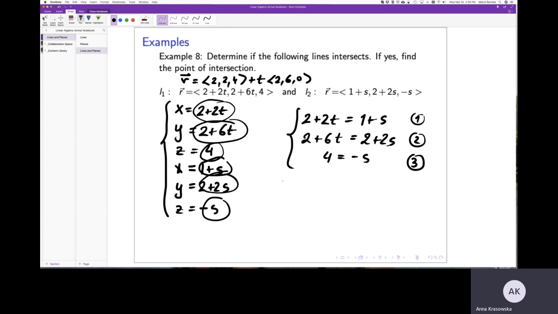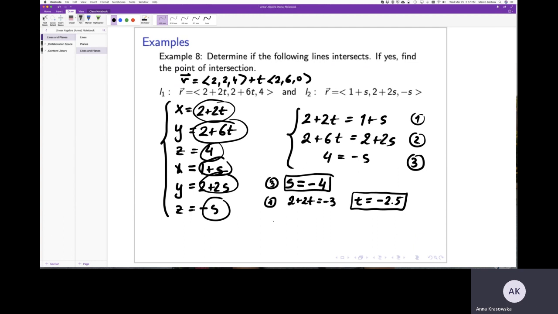You can solve it by augmented matrix, but since we already have the value of s equal to -4 from the third, if we now plug it into equation 1, we will have 2 plus 2t is equal to -3, so t will be equal to -2.5. So we have s and t.